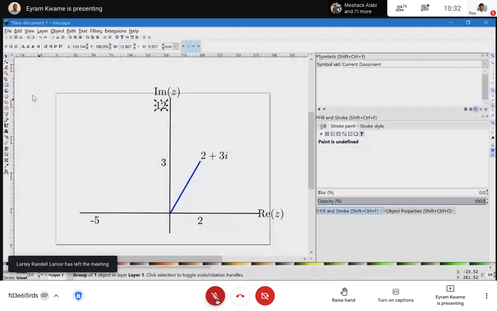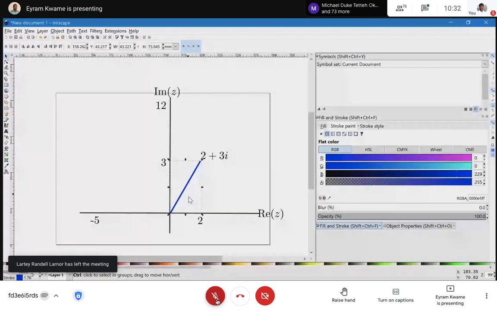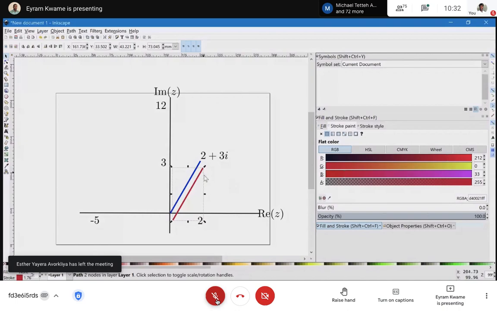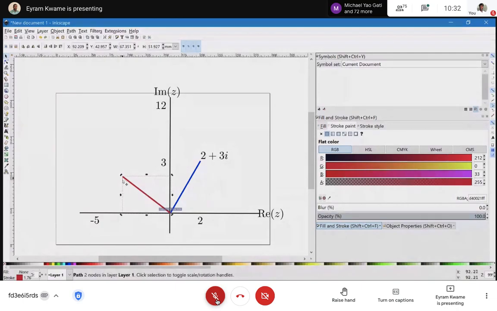I'll copy this and paste it somewhere else. I'll change the color to red. It's going to be somewhere here, basically. That's where it goes.